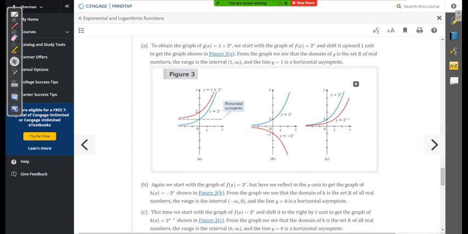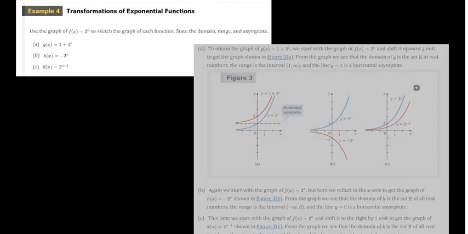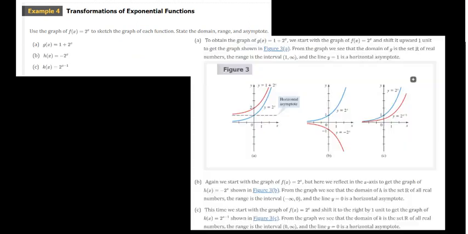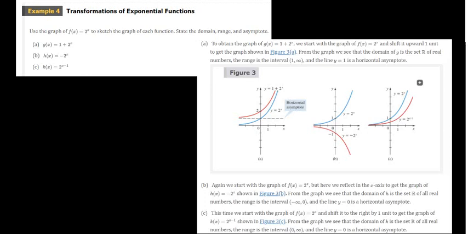So all the transformation rules that we did in chapter 3, we're going to follow those same rules here in chapter 4. It says use the graph of f of x equal to 2 raised to the x power to sketch the graph of each function, and state the domain, range, and asymptote.